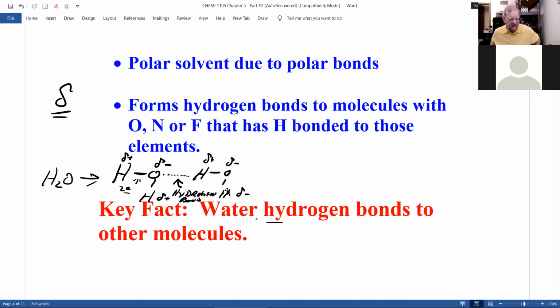Usually molecules with similar molecular weights have similar boiling points, but water is much, much higher. And you should know, why is the boiling point of water higher? Oh, let me not abbreviate.